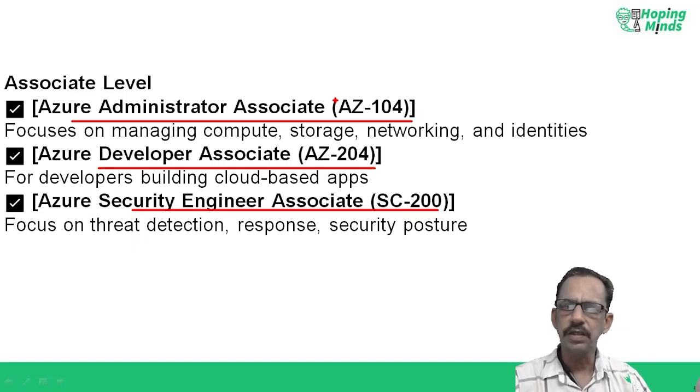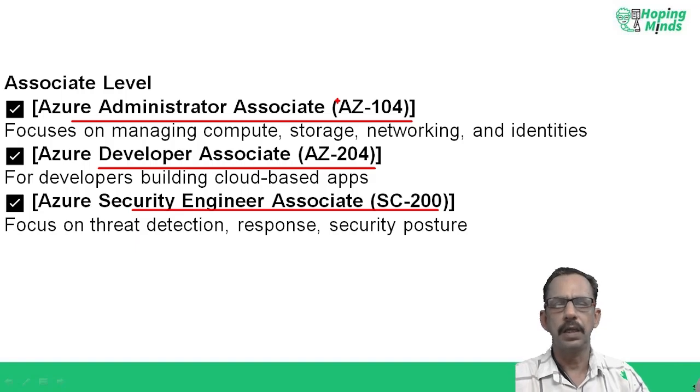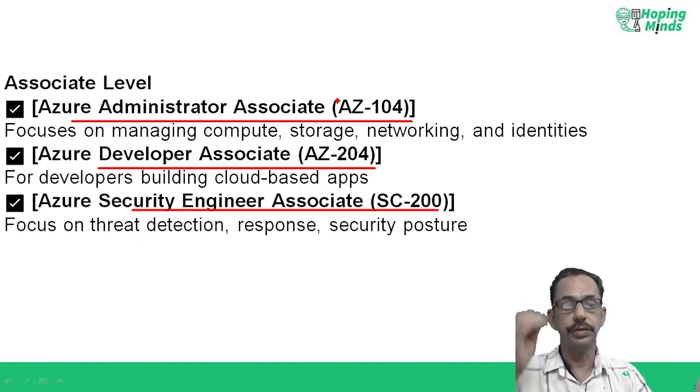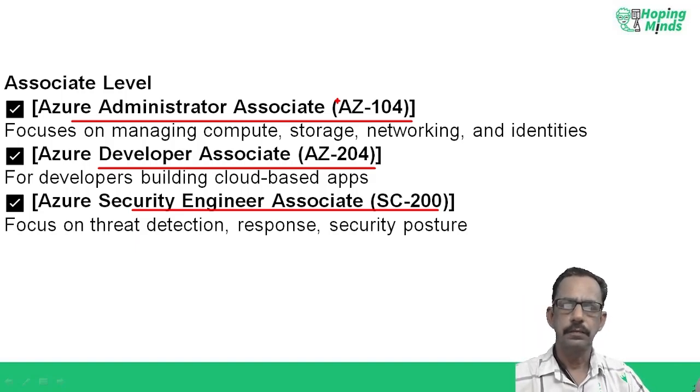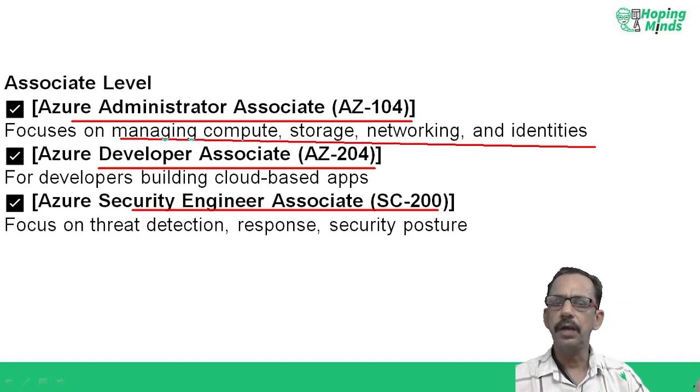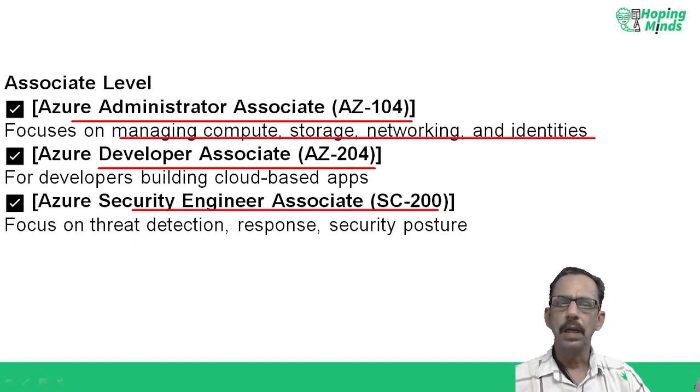When you register for the exam, you must know which exam you have to apply or register for. Administrators focus on managing compute resources like storage, networking, and identity. Developers build cloud-based applications, and security engineer associate level covers threat detection, response, and security posture.